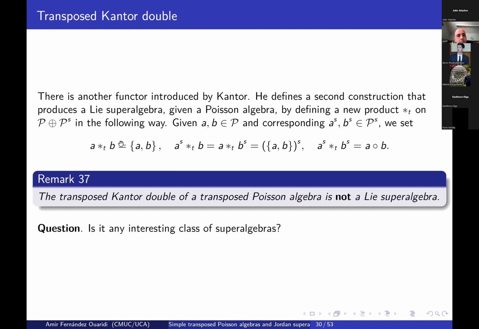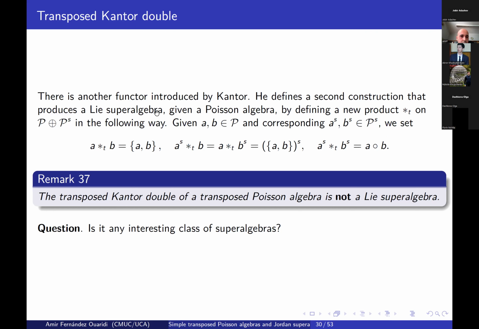He takes the product of two elements in P to be the bracket and the product of two elements in the copy to be the circle. And when he takes one element in the copy and one element in P, then he uses first the bracket and then applies the S.